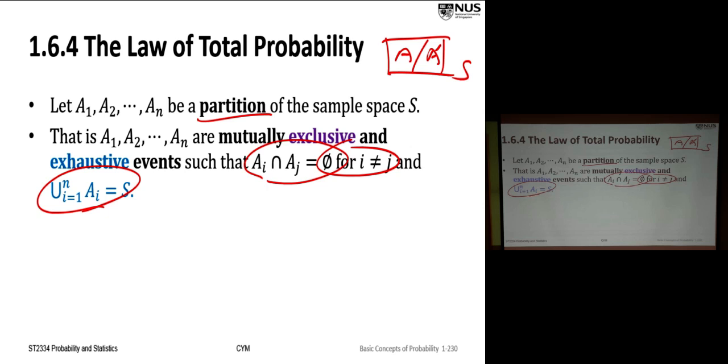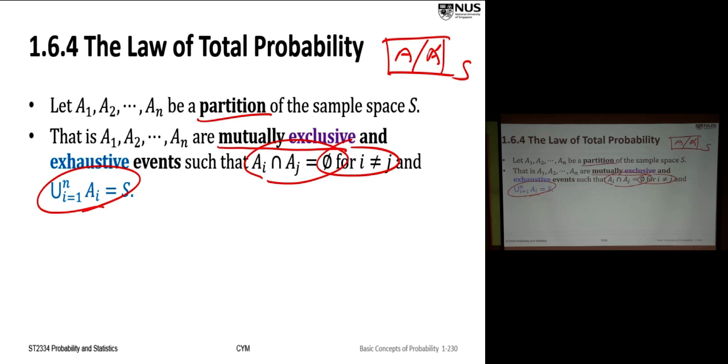In probability terms, you must know this word, mutually exclusive. This is the term used to describe Ai intersect Aj equal to the empty set. That means any two of them or any three of them have no intersection, no common points. They are non-overlapping, so we call this mutually exclusive.